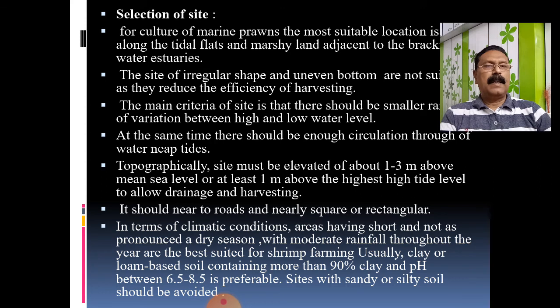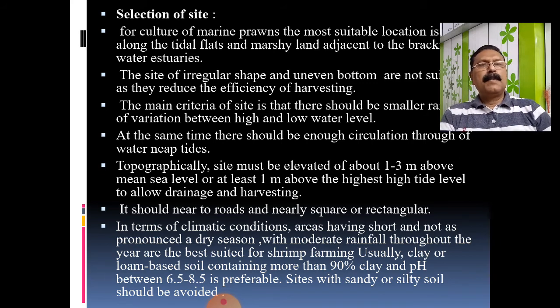These two things are there. When considering a fish pond, we choose a place where there are road lines, because for transportation a road line must be there. Therefore, in the selection of a site for marine water prawn culture, the site must be well connected with electricity, as well as with good road lines for easy transportation.